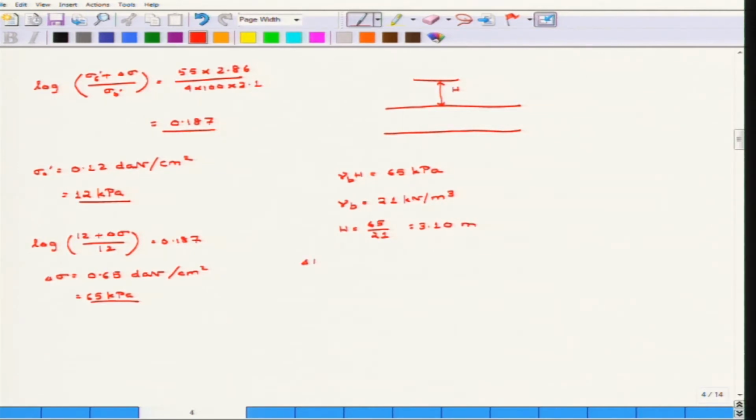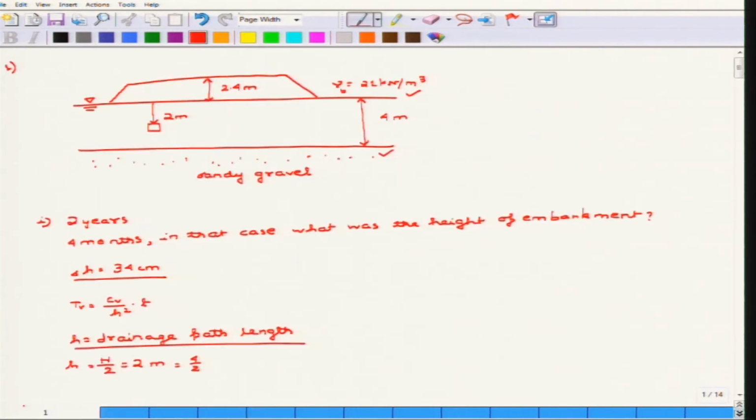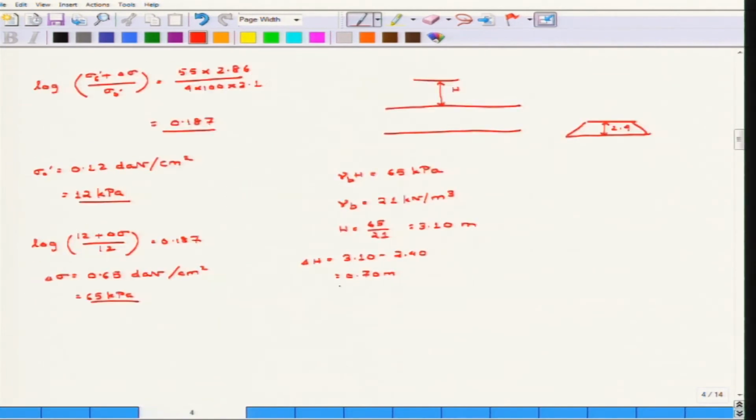The surcharge, that is del h, will be equivalent to 3.10 minus 2.40, which is 0.70 meter, because 2.40 is the previous height of the embankment, as already said here.